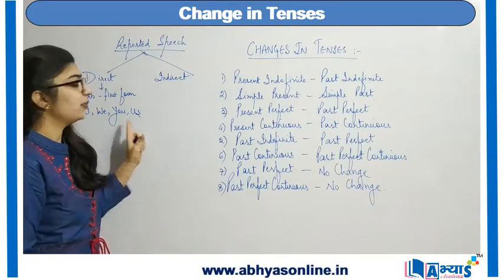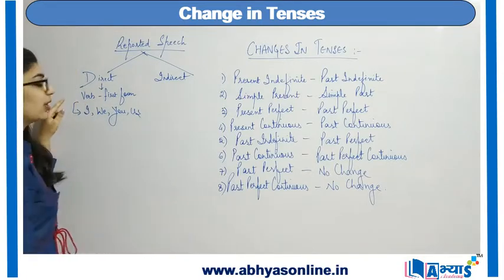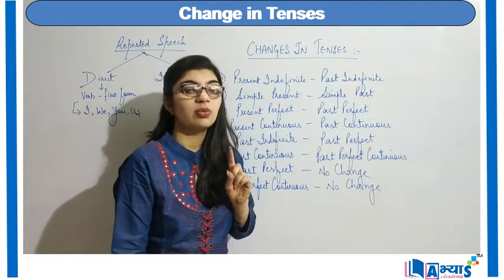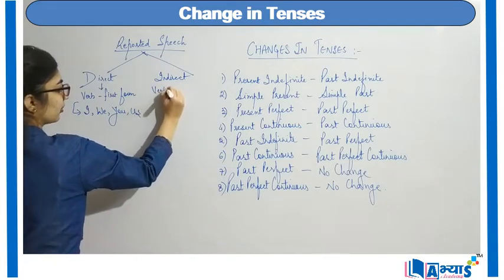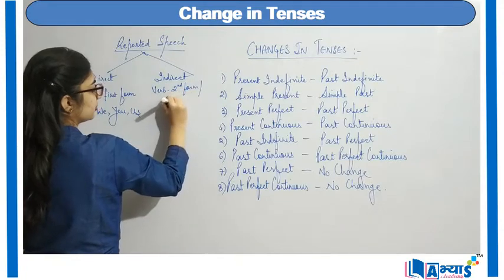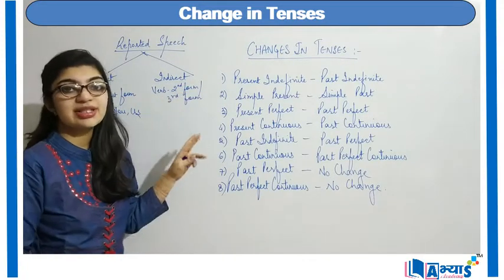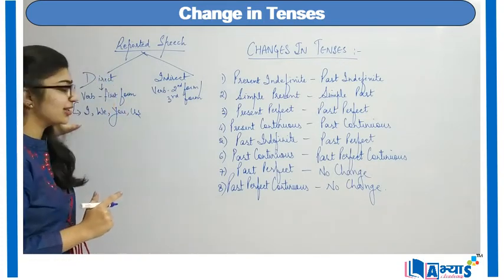But when we are making use of indirect speech, then the verb will never be in first form. The verb will always be in second form or third form. Now, this depends upon the sentence or the tenses that we are making use of in the direct sentences.